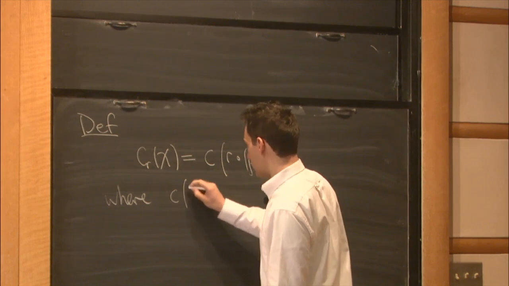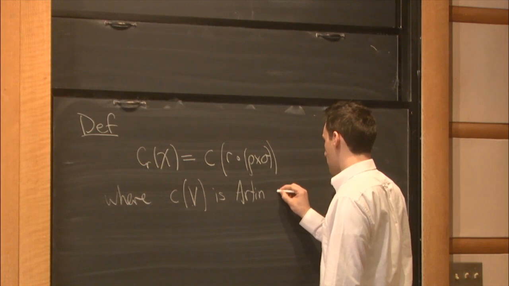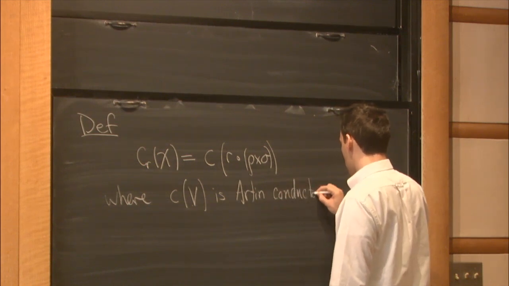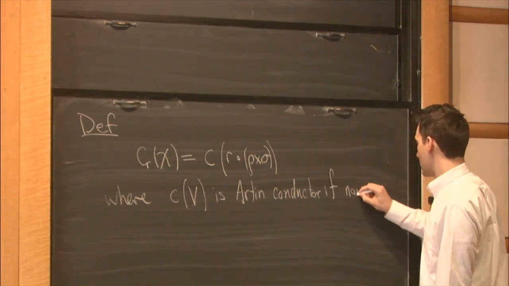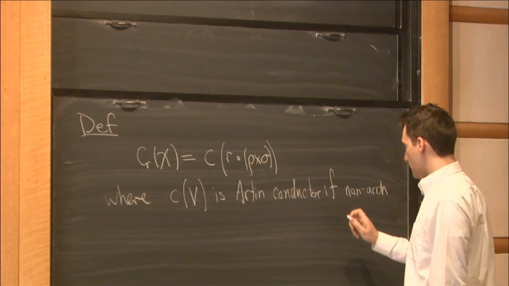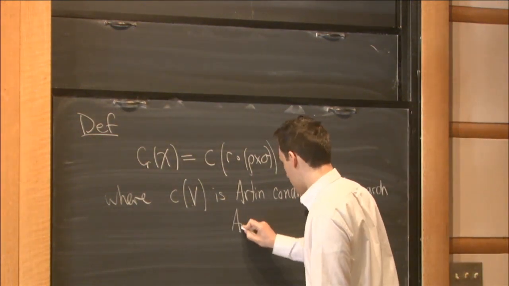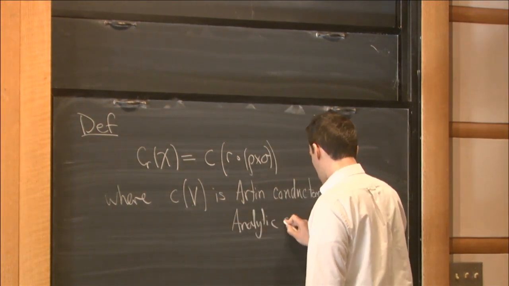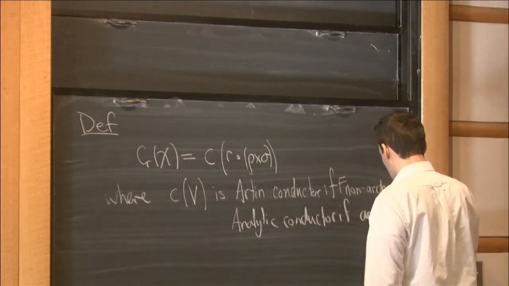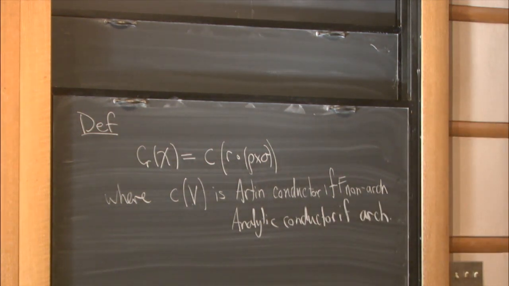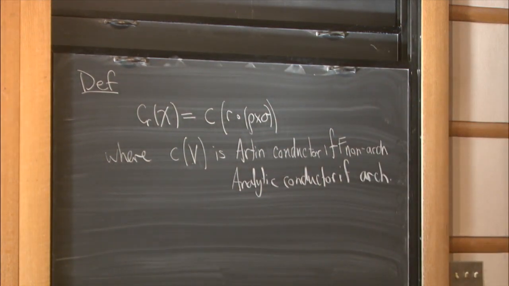Where C of a representation V is the Artin conductor if we're in the non-Archimedean setting, so if F is non-Archimedean, and it's the analytic conductor if we're in the Archimedean setting.